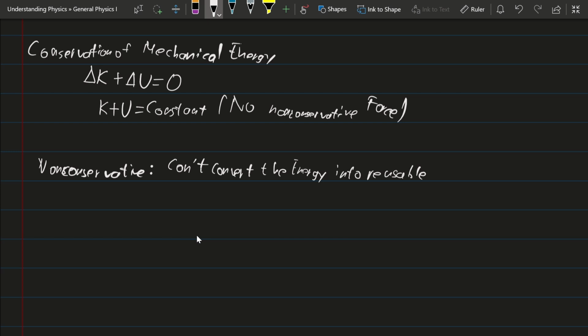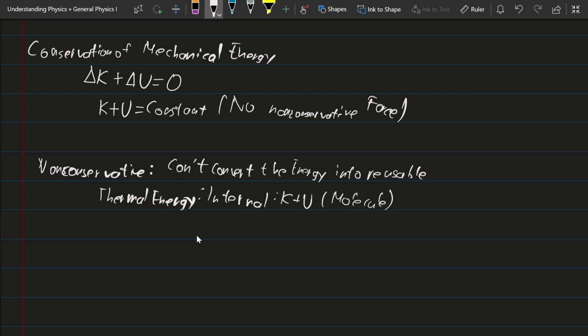So one of the examples includes thermal energy, and this is basically what we also call internal energy, where you could actually state that this is basically the kinetic plus the potential energy inside a molecule.